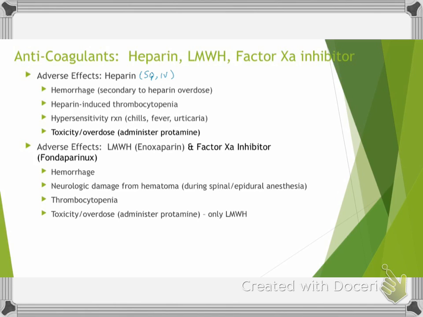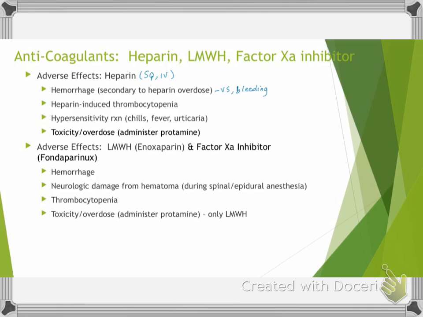Adverse effects can be hemorrhage secondary to heparin overdose. So we can cause too much bleeding, right? Too much of a delay of that clotting process. So we want to monitor vital signs. We're going to be monitoring for bleeding. How do we know they're bleeding?